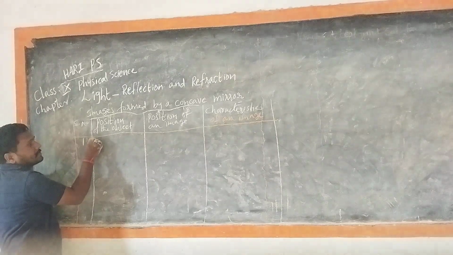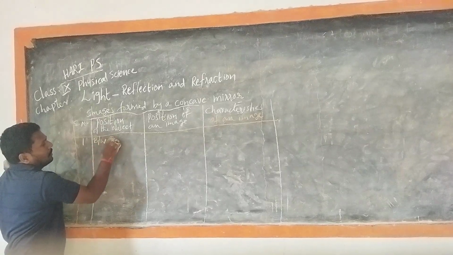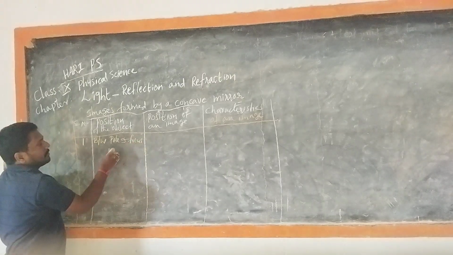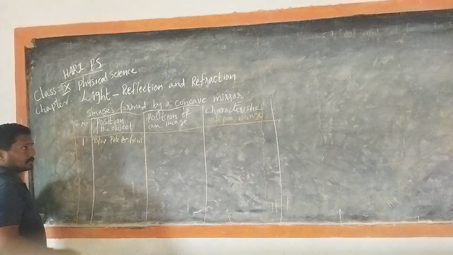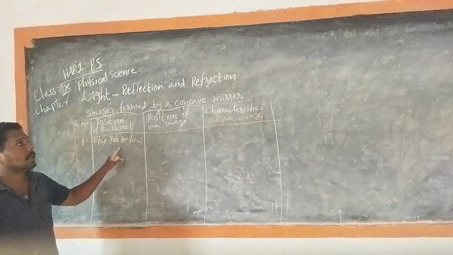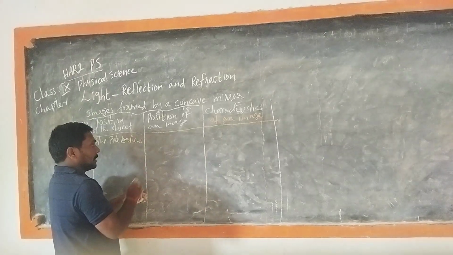First, the object placed between pole and focus. If you place the object between pole and focus, where is the position of the image? Behind the mirror.